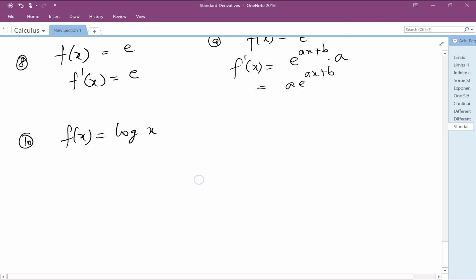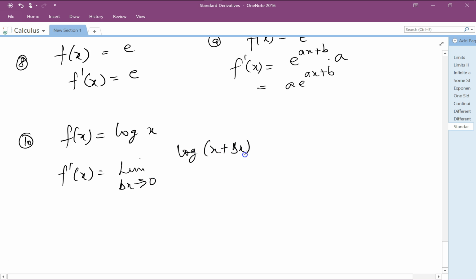Let's look at its derivation. f prime of x is equal to the limit as delta x approaches 0 of log(x plus delta x) minus log x, divided by delta x. Now here you have to know the rules of logarithms. 1 by delta x, let's take it separately.